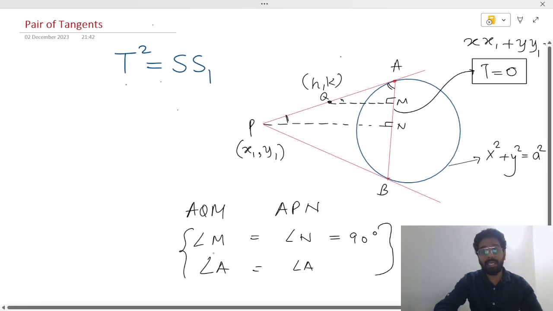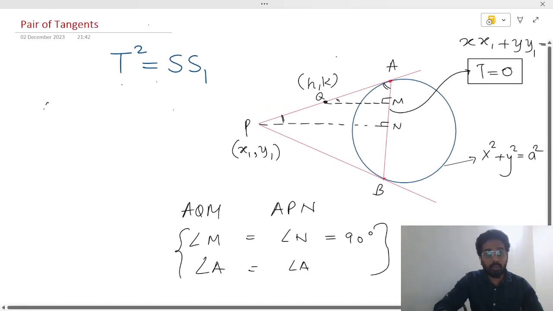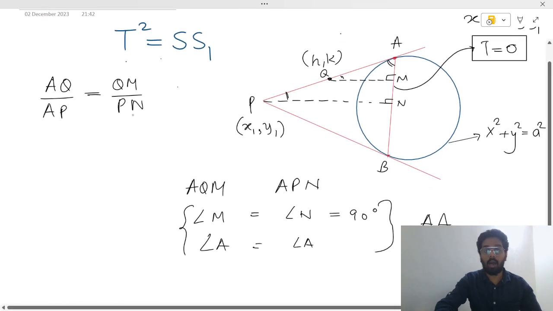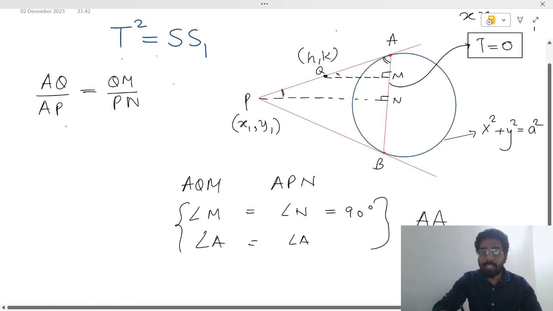From here, we can say that AQ upon AP, the ratio of the corresponding sides, the sides opposite to the 90 degree angle, is equal to QM divided by PN, the sides opposite to angle A. Now what is AQ?